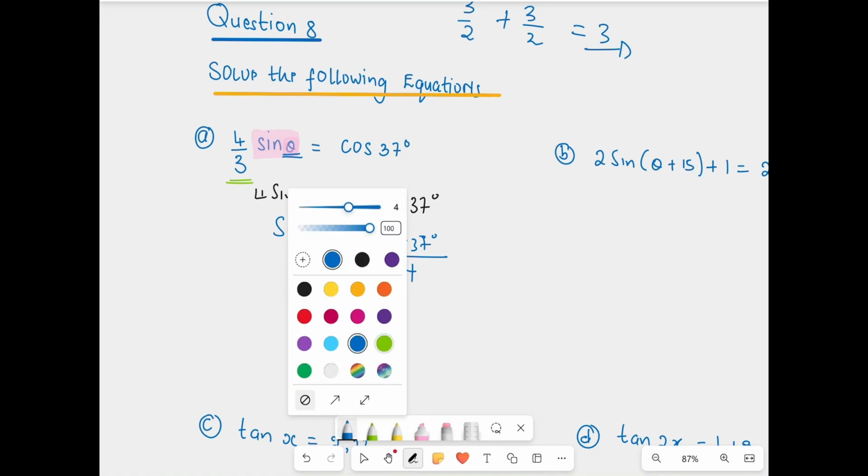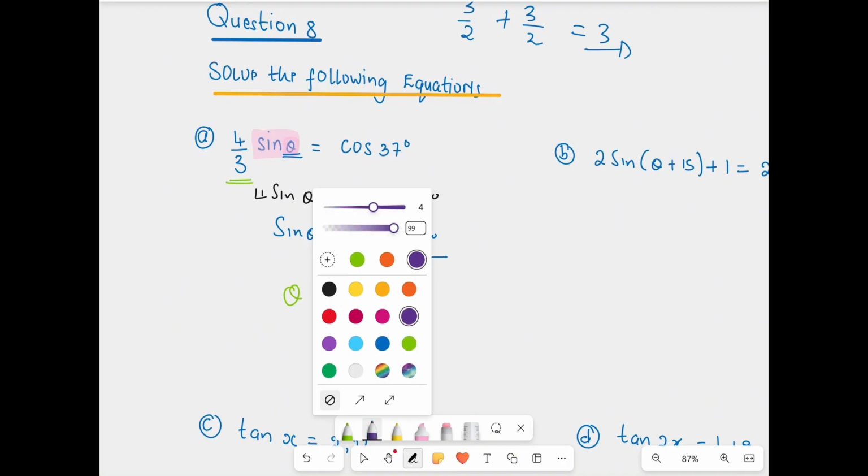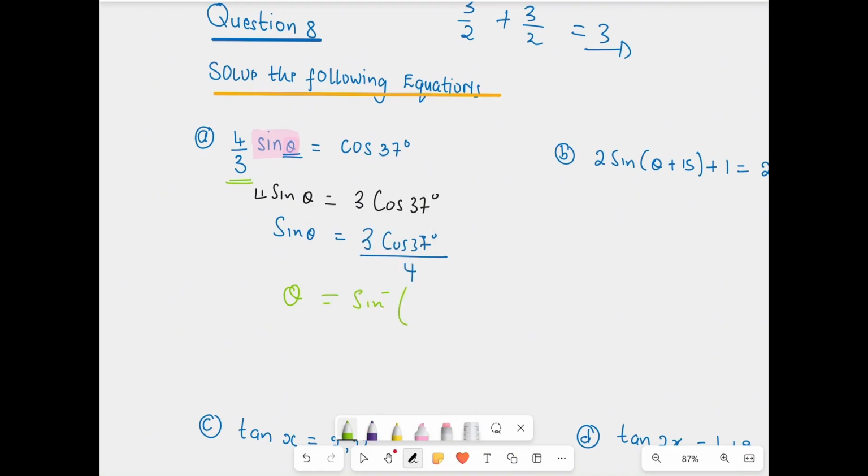So, to solve for an angle, we have angle theta is equal to arc sine. Arc sine means I am going to press shift on my calculator first, and then put all this, which is 3 cos 37 degrees, all divided by 4.